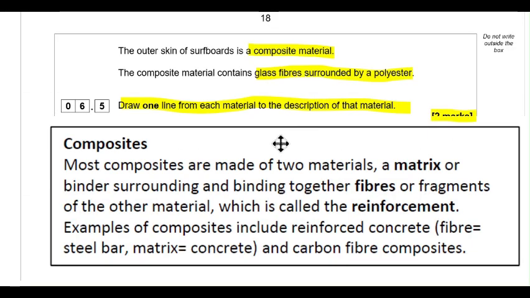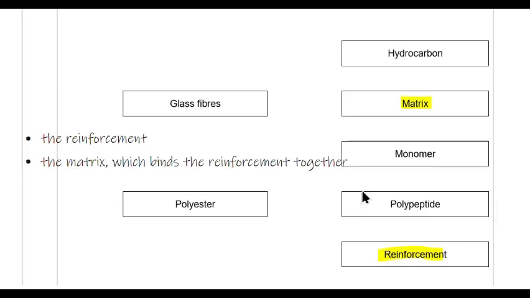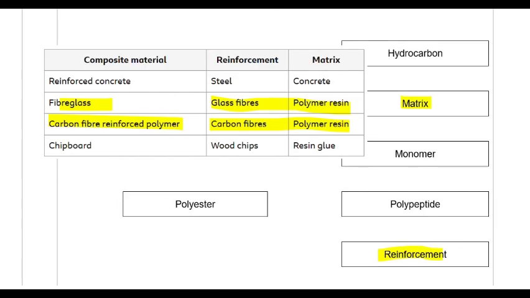Now let's have a look at what composites are. They're made of 2 materials, a matrix, which is a binder, and then fibres or fragments, which are called a reinforcement. We can see here on the answers we've got matrix and reinforcement. So we're going to highlight those. We've got the reinforcement and the matrix is what binds the reinforcement together.